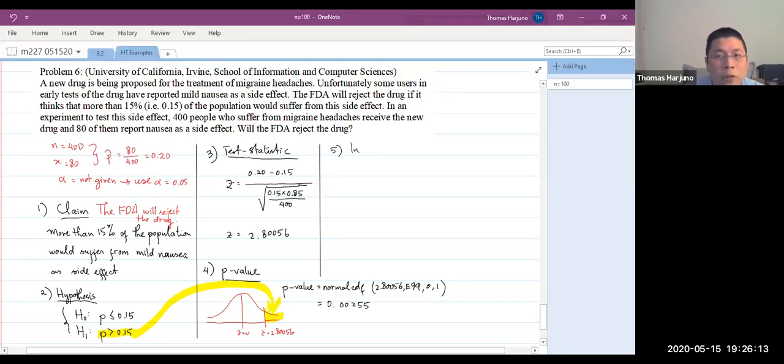Now in step 5, informal conclusion. That will be reject null hypothesis. And then step 6, conclusion.